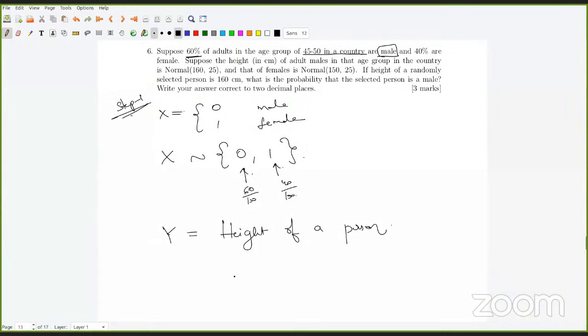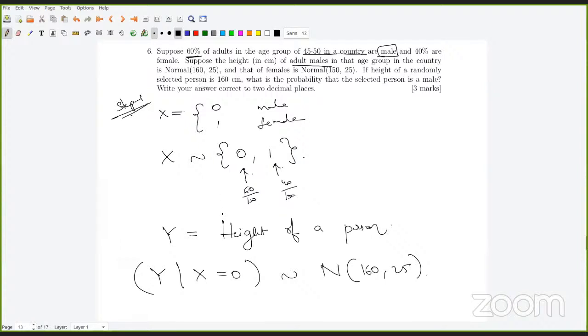Okay, and this y is dependent on the value that x takes. So y conditioned on x being 0 follows normal 160 comma 25. These are the things we have to infer from the data given. Among the males the height is distributed normal 160 comma 25.